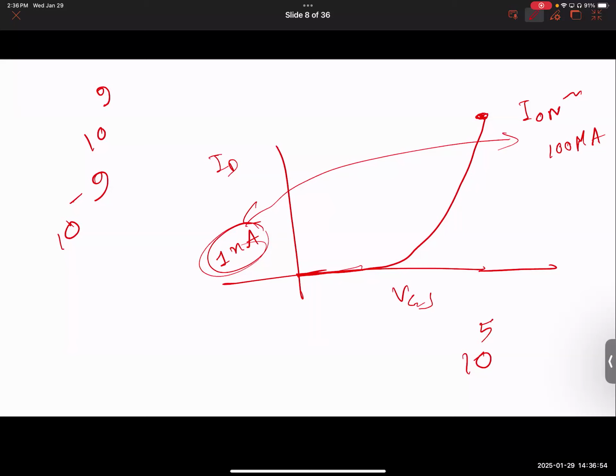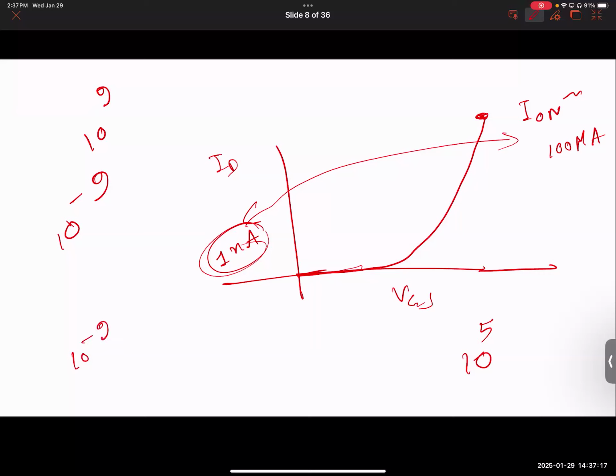What is the storage of today's iPhone? 256 easily, 128. I don't know whether they sell a 128 anymore, but everybody starts with 256, typically 512 gigabytes. But I'm going to take 1 gigabyte, which is not even a flash drive nowadays. 1 gigabyte is 10 raised to 9 transistors, and each one is leaking 10 raised to minus 9. What is the total leakage?